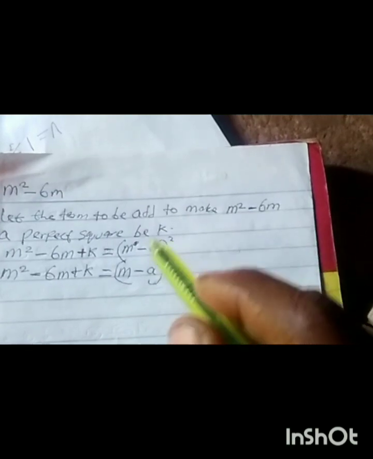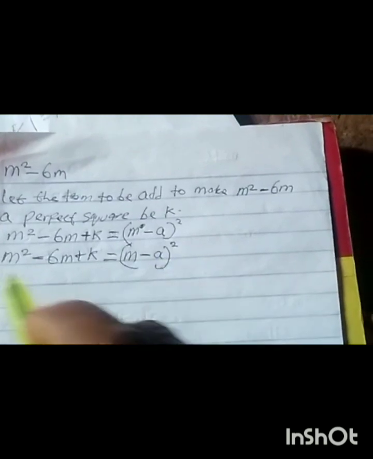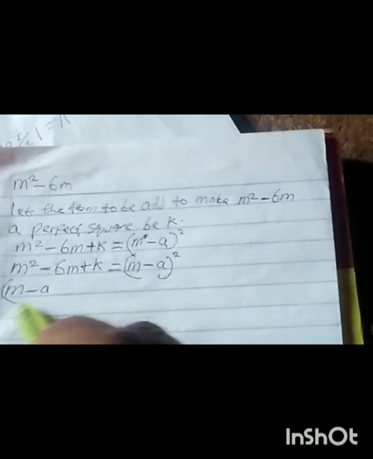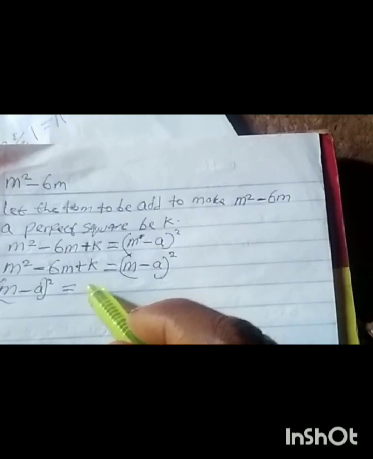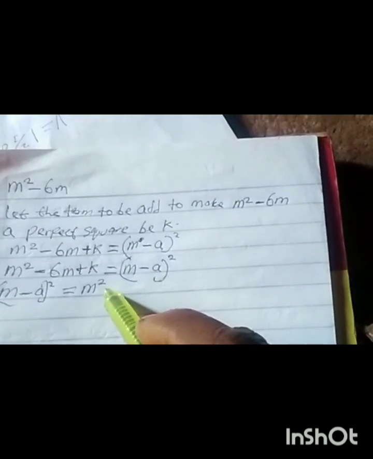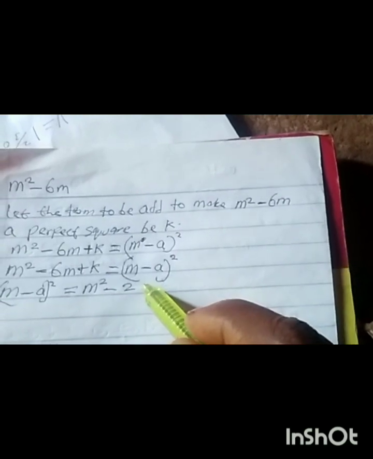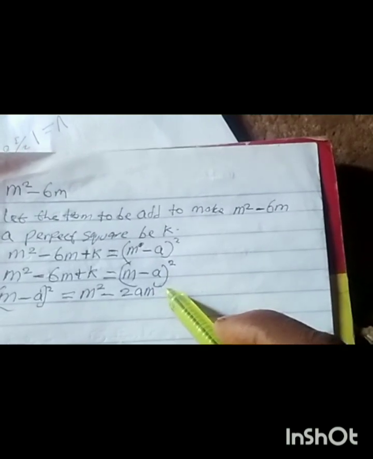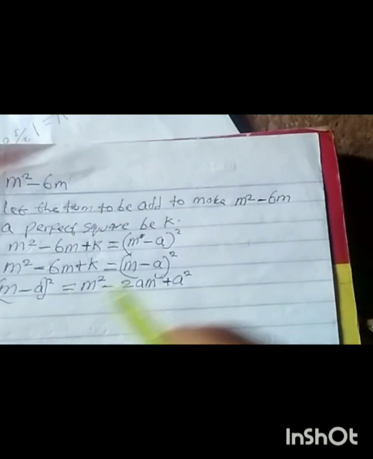If this m minus a squared is expanded, it will give rise to m squared minus 2am plus a squared.